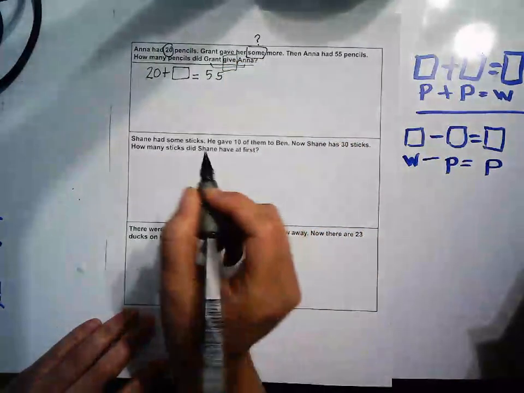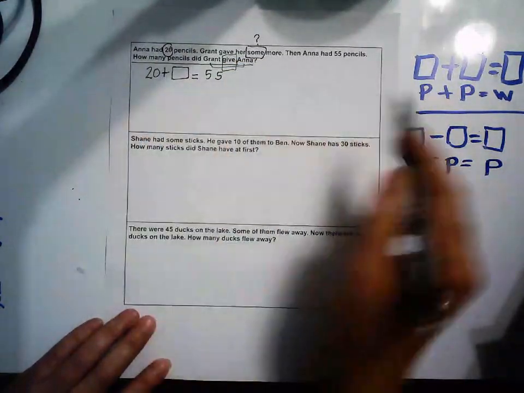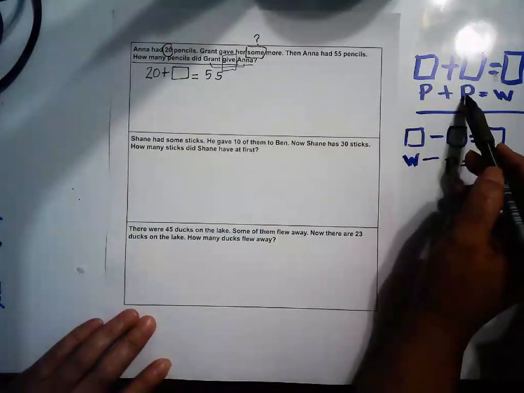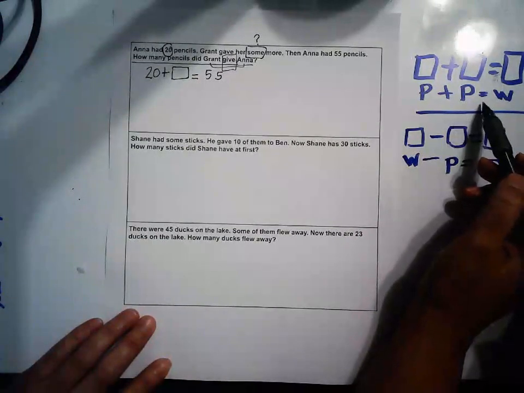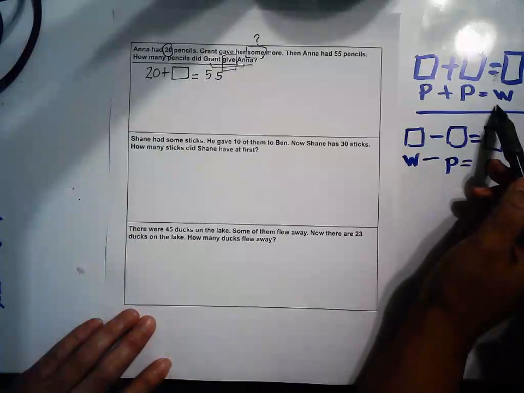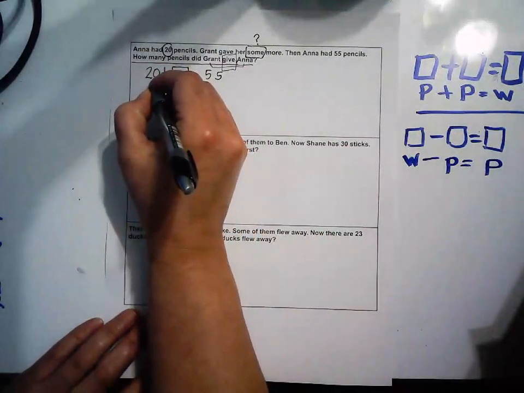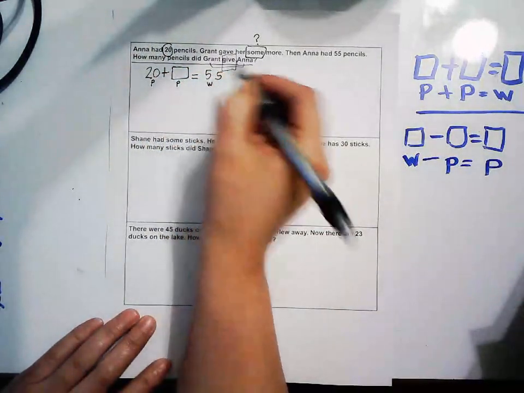So that means that I am missing in this addition problem, if I look over here, I am missing this part right here, which is my part that I'm missing. 55 represents my whole, so I could label here, this is a part, this is a part, and this is a whole.